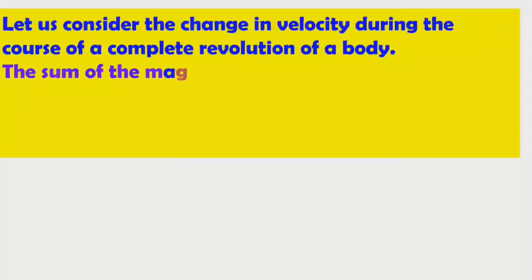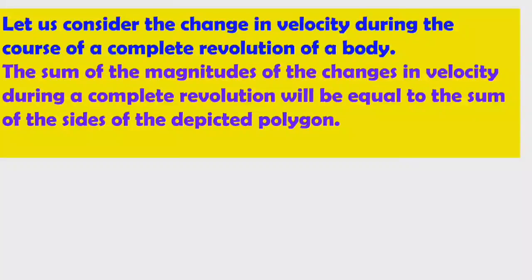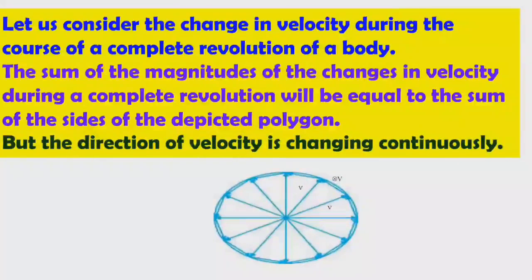For one complete revolution, the sum of the magnitudes of change in velocity will be equal to the sum of the sides of the depicted polygon. Here we can see the depicted polygon. One side is equal to delta v. By adding all the sides of the polygon, we get the change in velocity during one complete revolution.